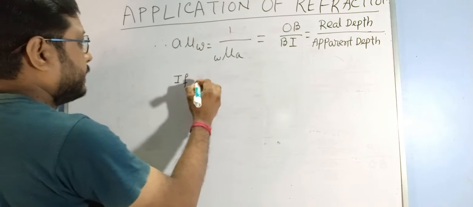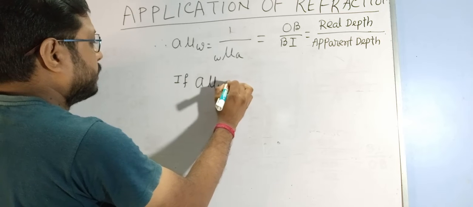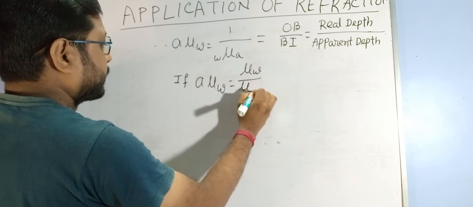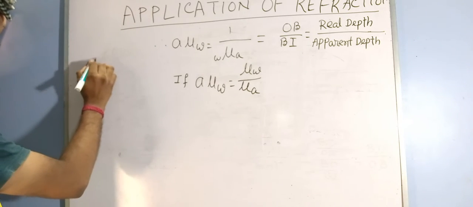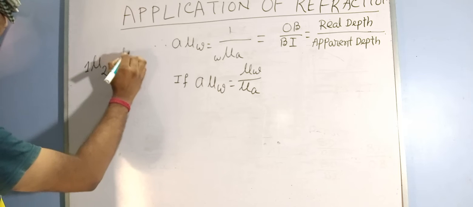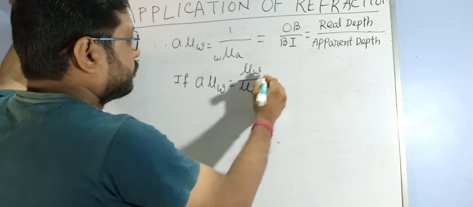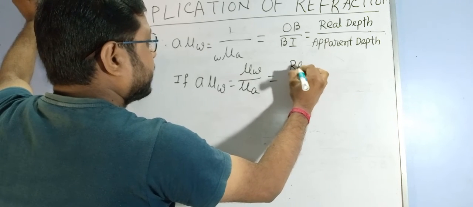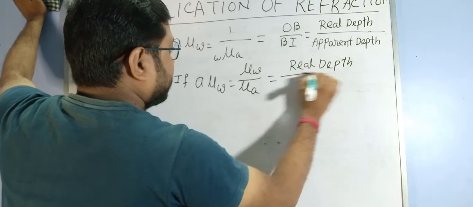If we take A mu W, we know A mu W equal to mu W divided by mu A, as we know 1 mu 2 is equal to mu 2 divided by mu 1. So A mu W equal to mu W by mu A, and then we get real depth by apparent depth.